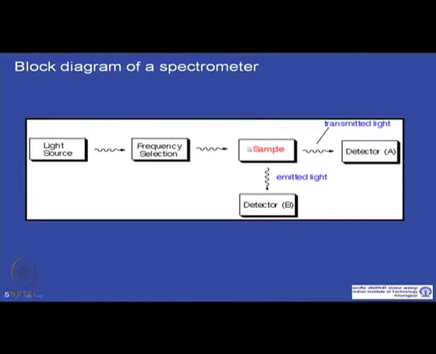It hits the sample, and then you can detect the transmitted light or the emitted light using detectors, and then you get information about the sample from absorption spectra, emission spectra, or scattering, like Raman scattering.